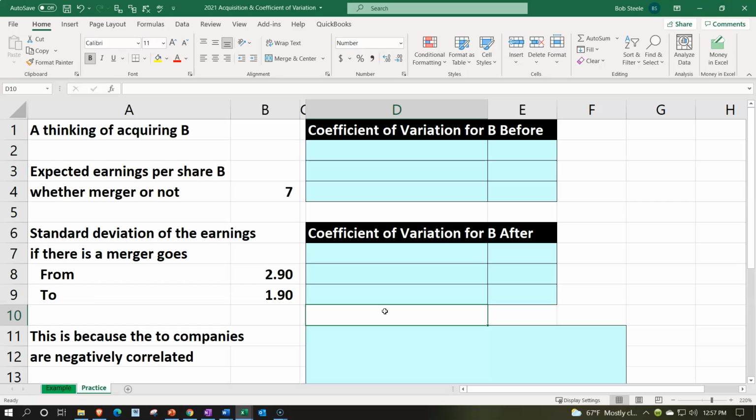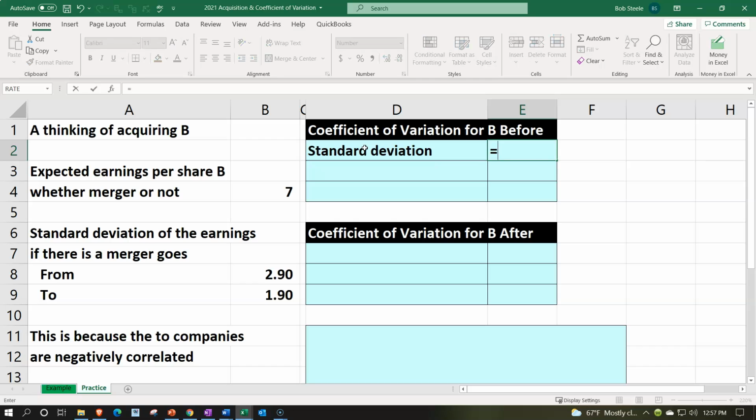So let's calculate the coefficient of variation for B before. We're going to say the standard deviation they gave us was the 2.9. So we'll pick up the 2.9, add a couple decimals, number group, decimalizing it. And then the expected value, we're saying, is going to be the 7.